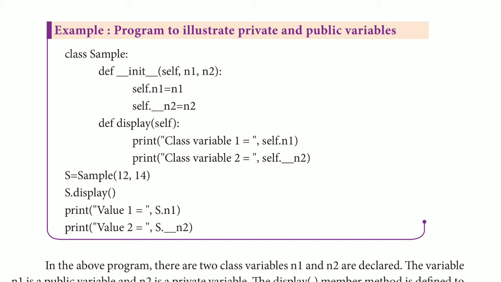Next, s.display, they are accessing the display method or function. Now they are printing the values: s.n1 and s.__n2, sorry.